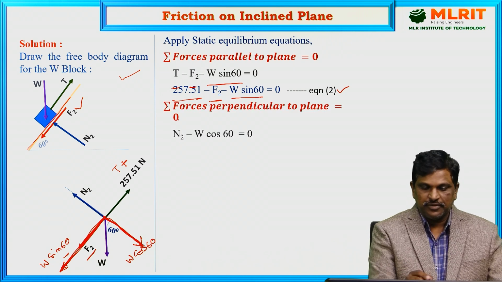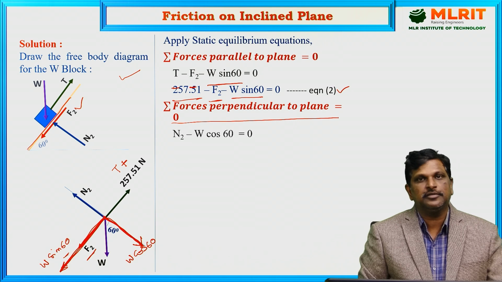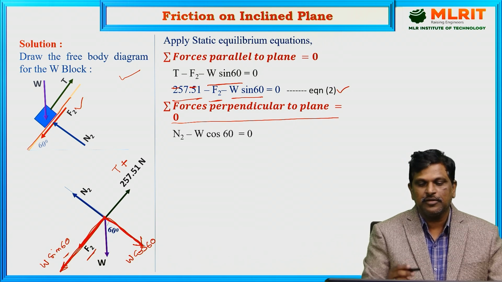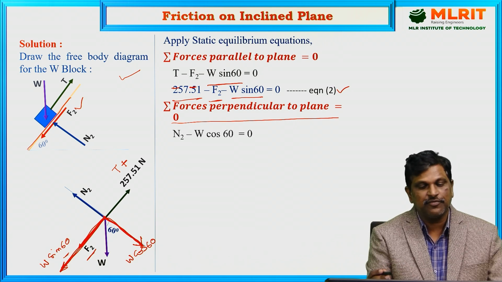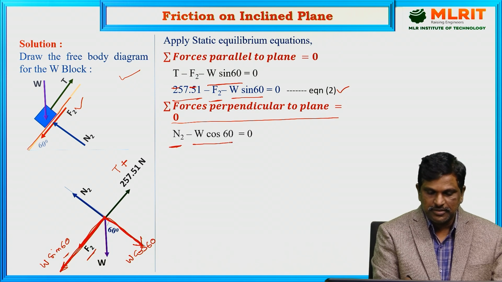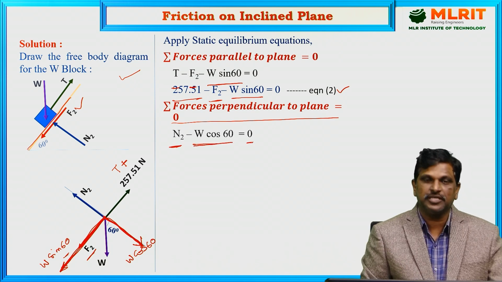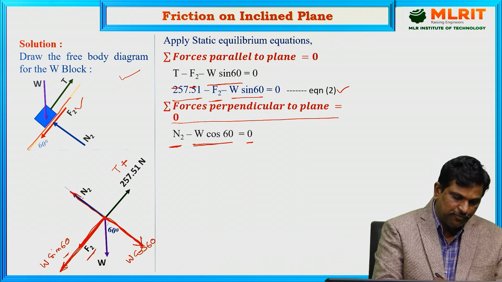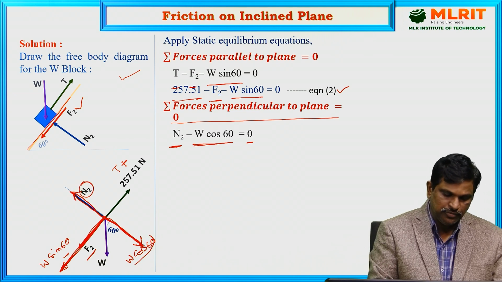Now find the forces perpendicular to the plane and equate it to 0. N2 minus W cos 60 equal to 0. Perpendicular to the plane we have only two forces. One is N2, the other one is W cos 60.